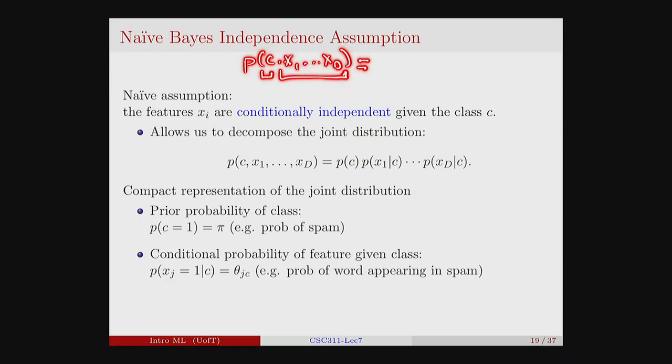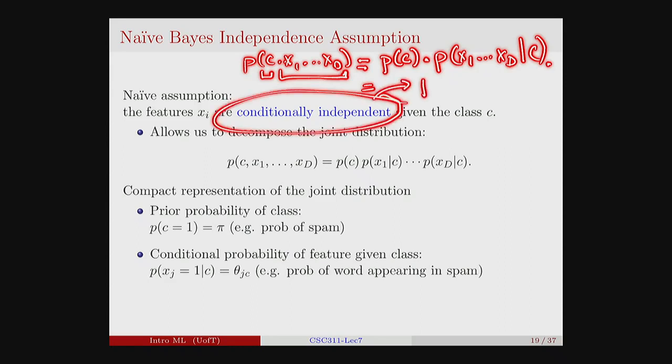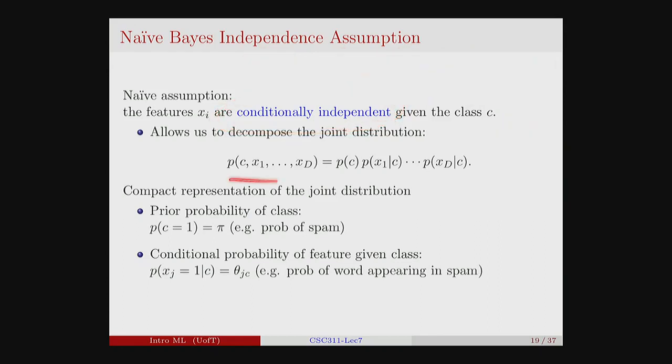And the chain rule tells you that you can decompose the joint distribution over those sets as P of C times P of x1 to xd given C. Next, you're going to use this conditional independence statement to simplify the second term, to write that as P of x1 given C all the way to P of xd given C, because that's the mathematical definition of what conditional independence actually means. So that's how we get to factorize the joint distribution.